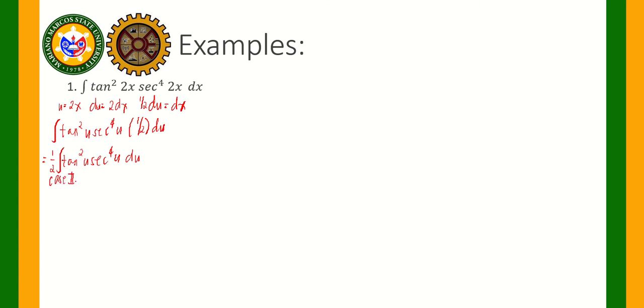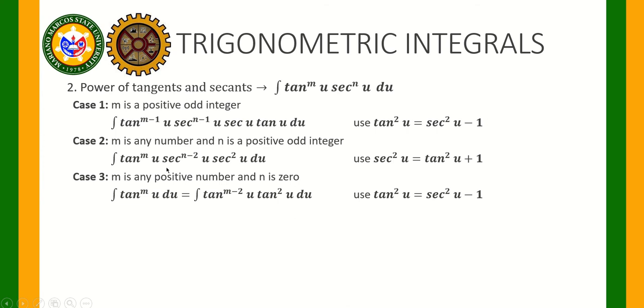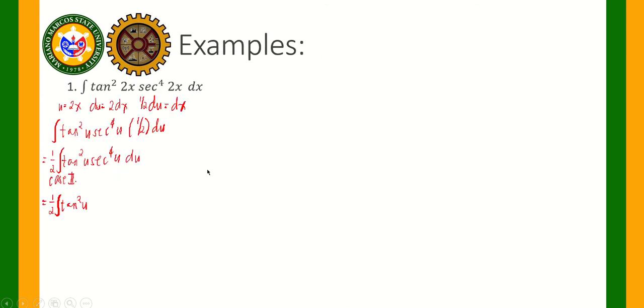So if we rewrite this one, this is equal to 1/2 tangent squared u. For case 2, we factor out secant squared, so minus 2 tayo sa power ni secant. So this will be equal to secant squared u, and yung natira will be also written here. From there, i-group natin tong dalawa.